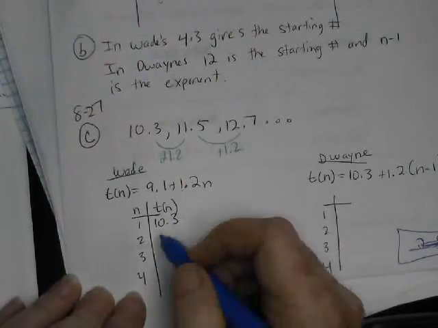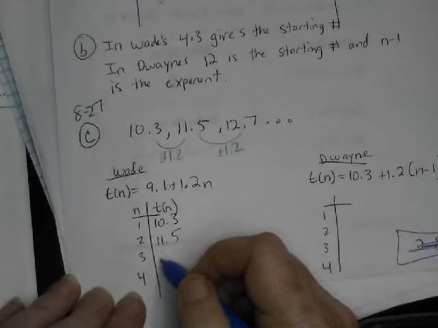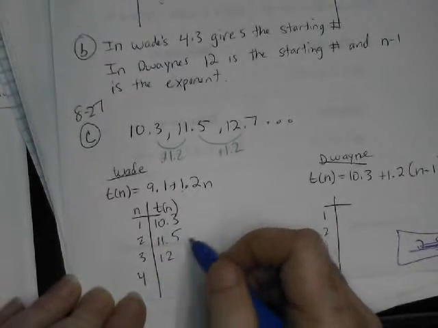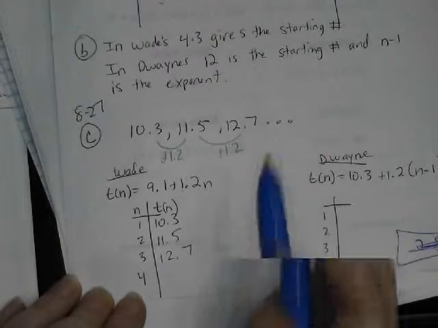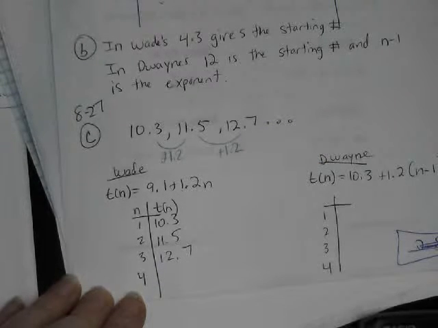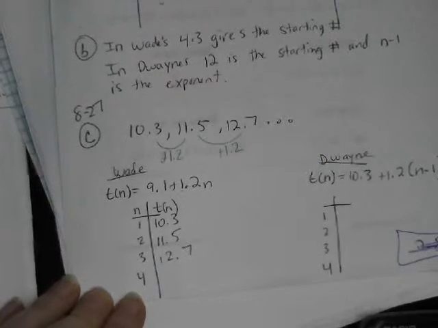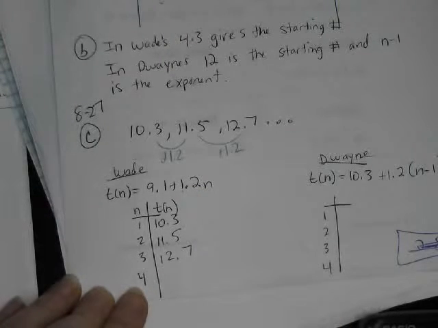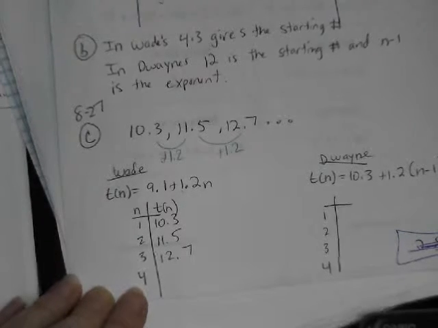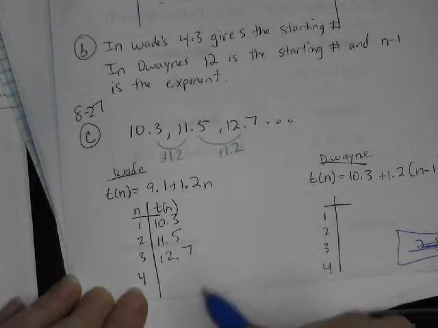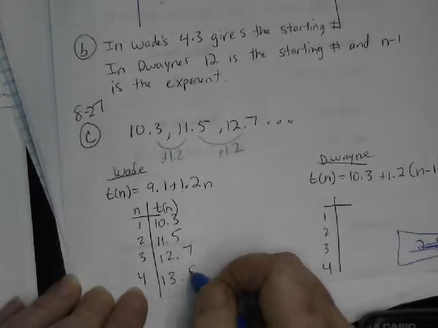Pretty sure this is just going to go like this, just for time's sake. We don't have the next term, so let's see. 1.2 times 4 is equal to that, plus 9.1. Is anyone checking me? I got 13.9 for this one.